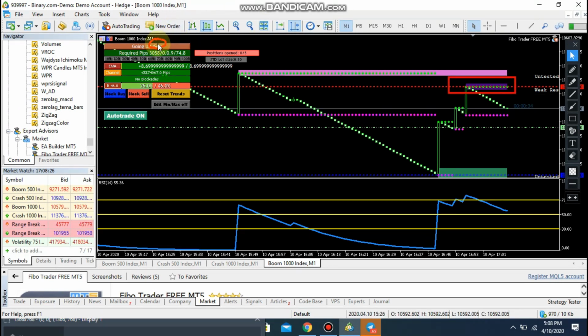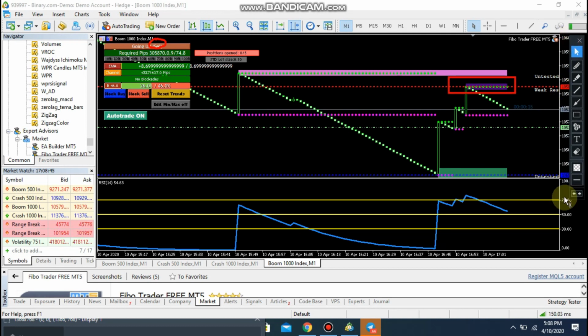Whenever the signal appears, you will see it here, in this box. Immediately it gives you the signal. It will spike. When it spikes, check whether the RSI touches level 70.